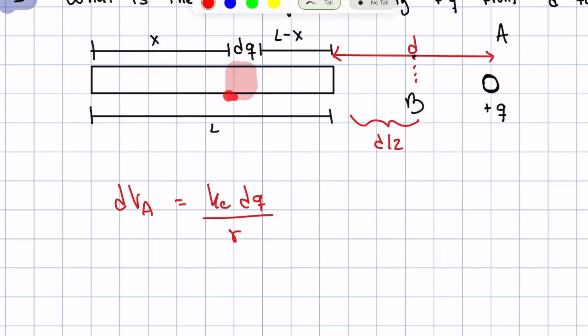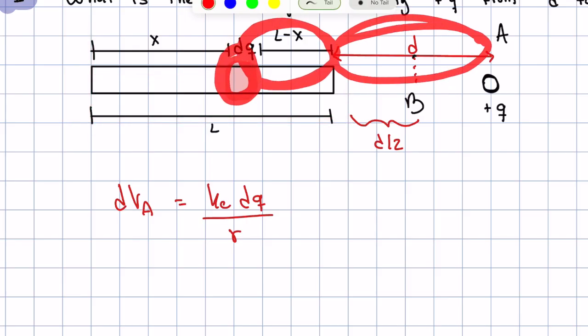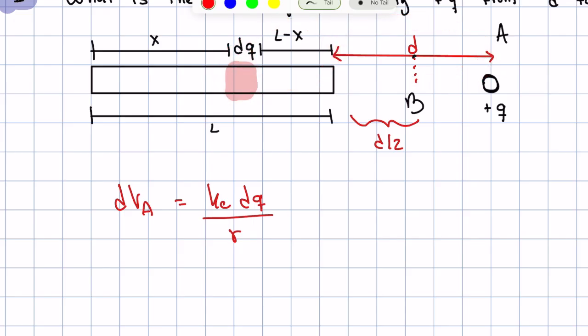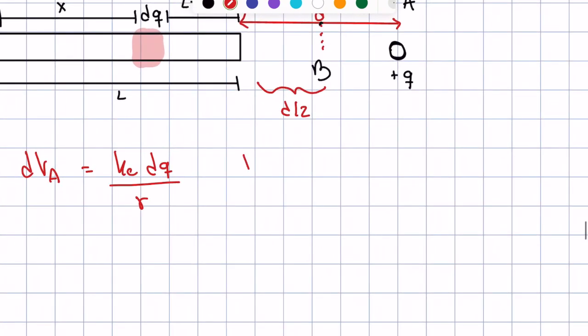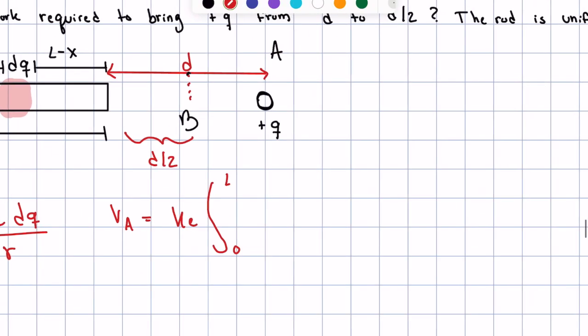So that means this bit of charge is distance L minus X plus D away from point A. Now we're going to do the same thing for all of these little bits of charges all along the rod, where X varies from being equal to 0 to being equal to L. So we put that together and we get VA is equal to Ke integral from X equal to 0 to X equal to L of dQ, but remember dQ is equal to lambda dx here.